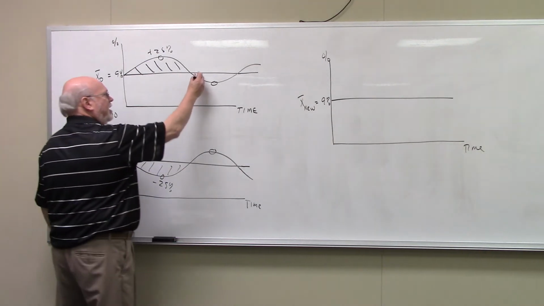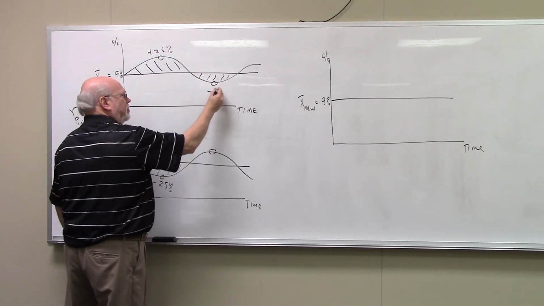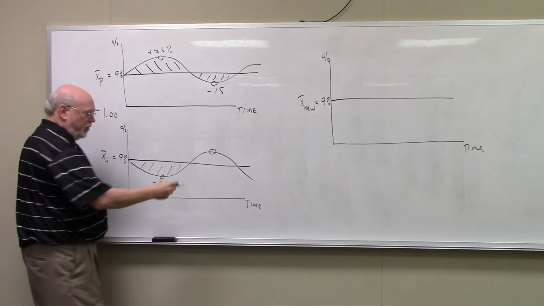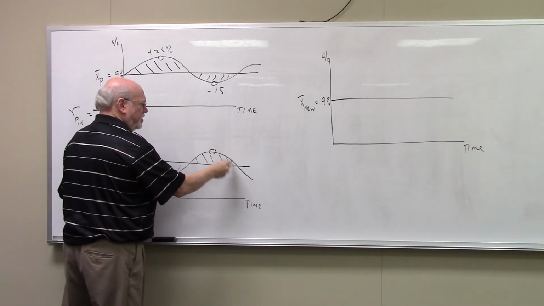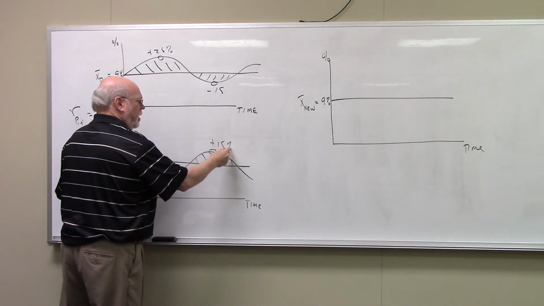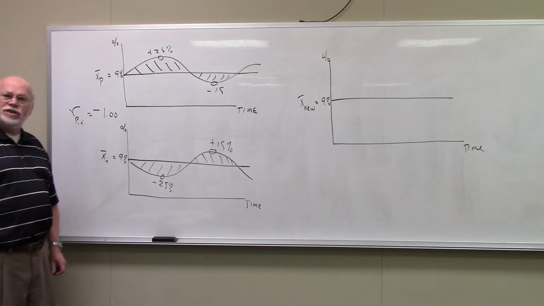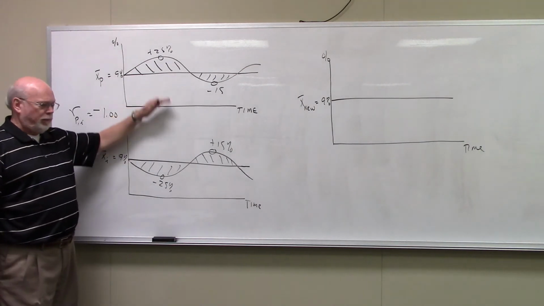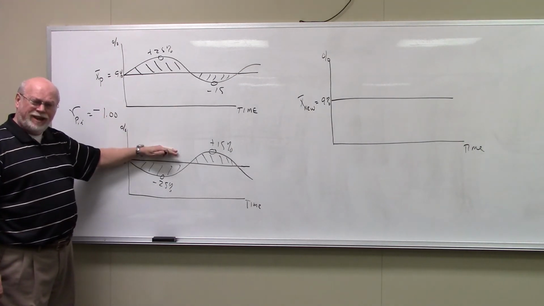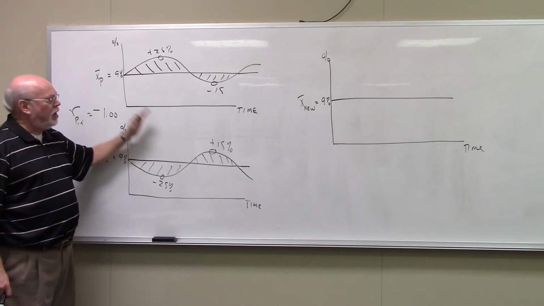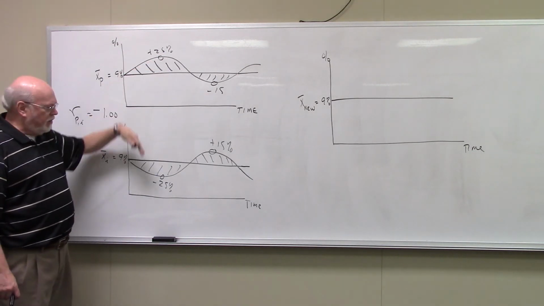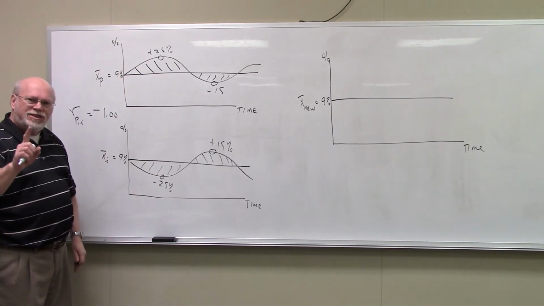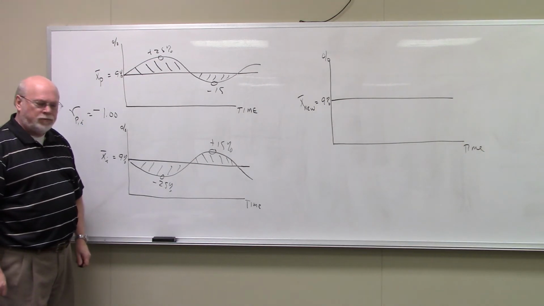And if these negative deviations sum to -15, then these positive deviations would sum to a positive 15%. That's what's called perfect negative correlation. When one's going up, the other's going down at the same time.